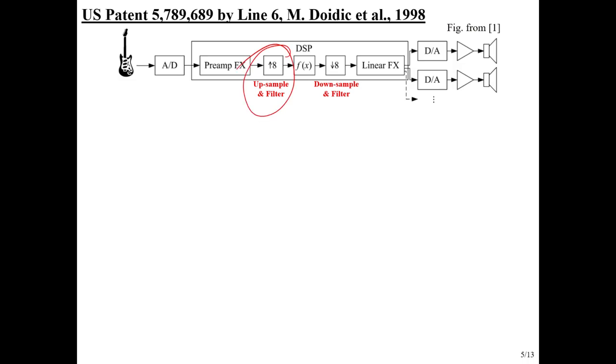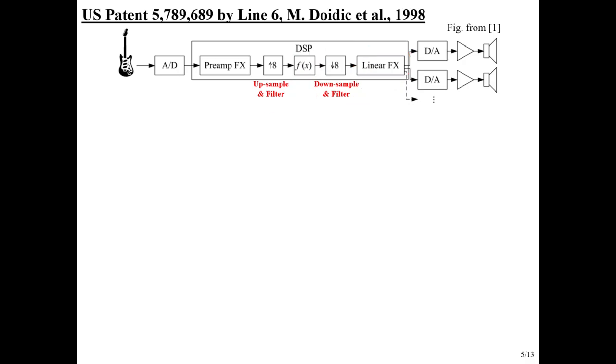We talked about that in our previous note set. We said that nonlinearities can create aliasing, and right here in the Line 6 patent, I don't know if this was their very first patent, but one of their early patents, Line 6 was saying, hey, we need to increase the sampling rate by a factor of 8 before we go through our nonlinearity. Then we bring it back down so that we can do the rest.